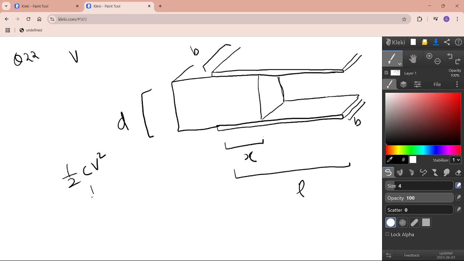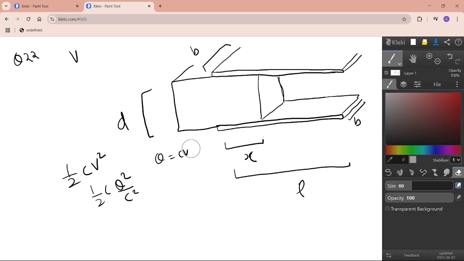You can also write V as Q by C, and hence it becomes half Q square by C, or Q square by 2C, you can say simply.